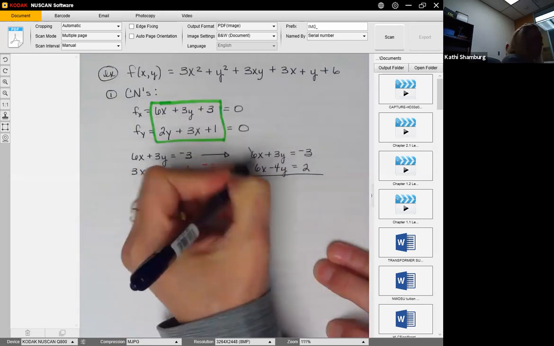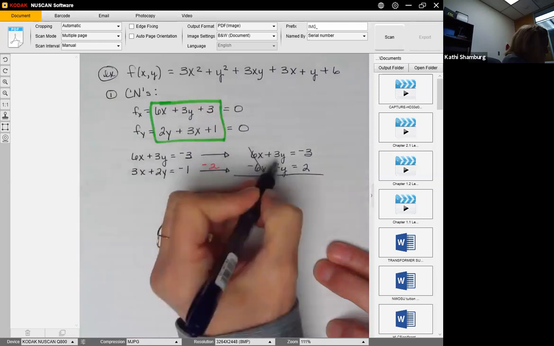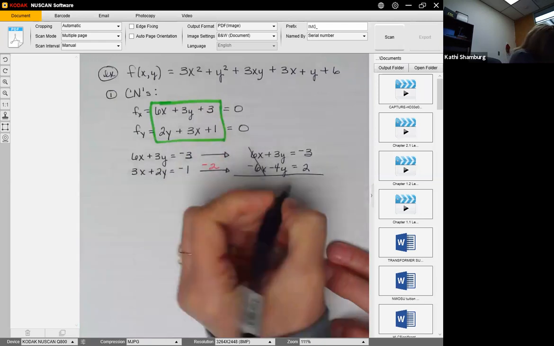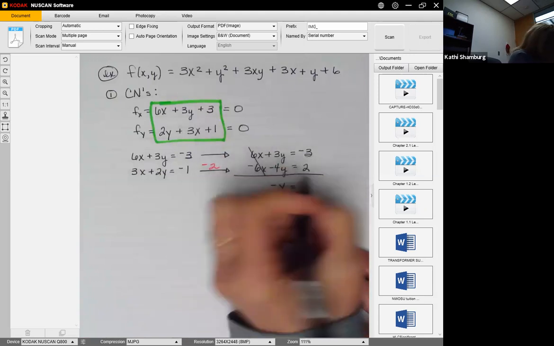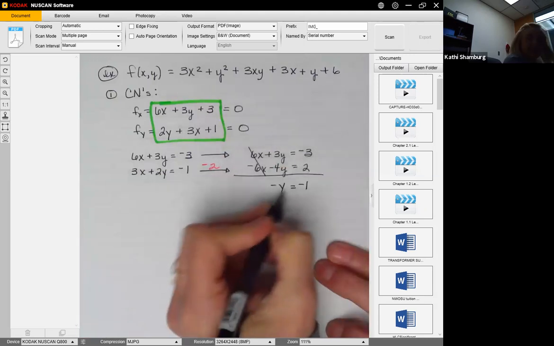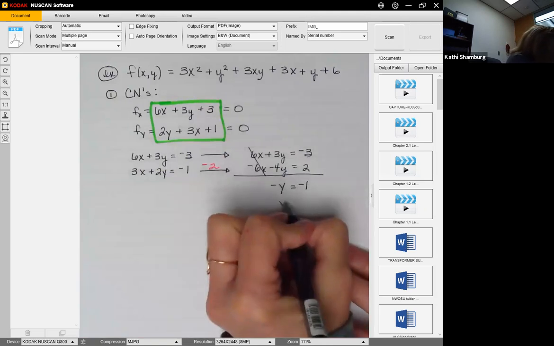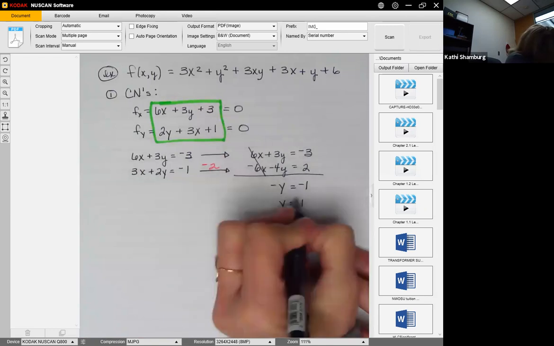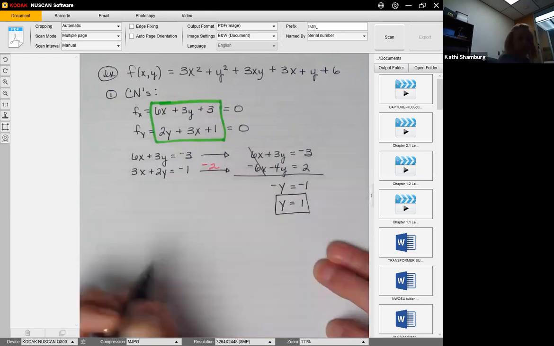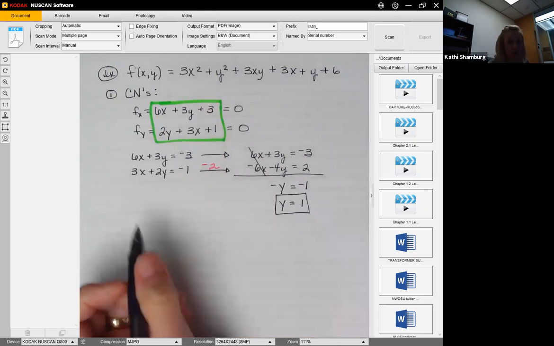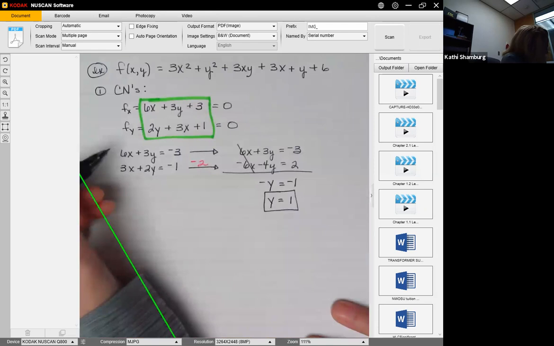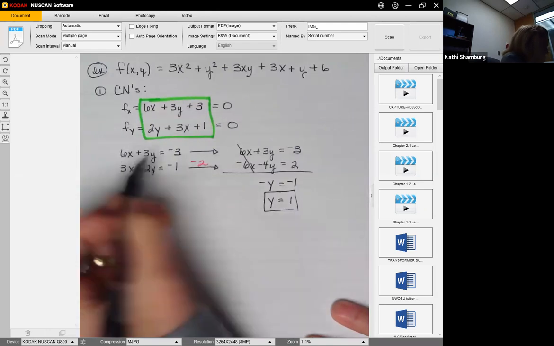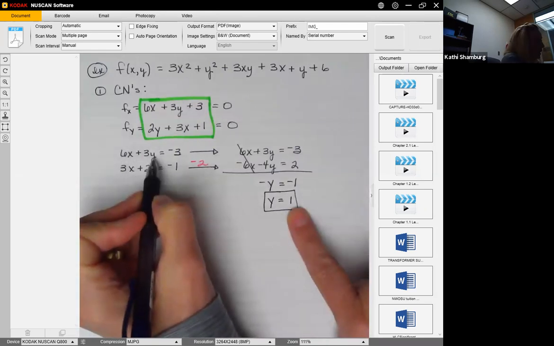Anything minus itself is 0, so that is gone. 3 minus 4 is -1y, or -y, equals -3 plus 2, which is -1. I don't want -y, I want just y, so I'm going to divide both sides by -1 and I get y equals 1. So there is the y value. Now I need to find the x value. I'm just going to go to this equation right here, and in place of the y, I'm going to substitute in 1.